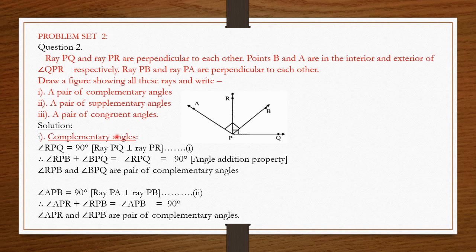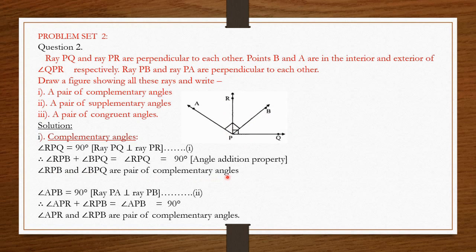In this figure, angle RPQ is 90 degree because ray PQ is perpendicular to ray PR. Angle RPQ is the sum of two angles, that is angle RPB plus angle BPQ equals angle RPQ, that is 90 degree. Therefore, angle RPB and angle BPQ are a pair of complementary angles.